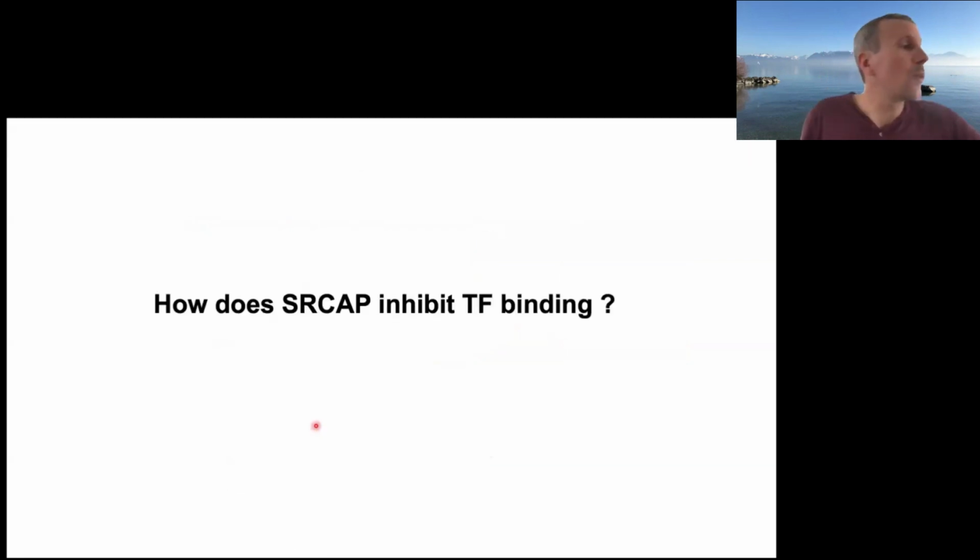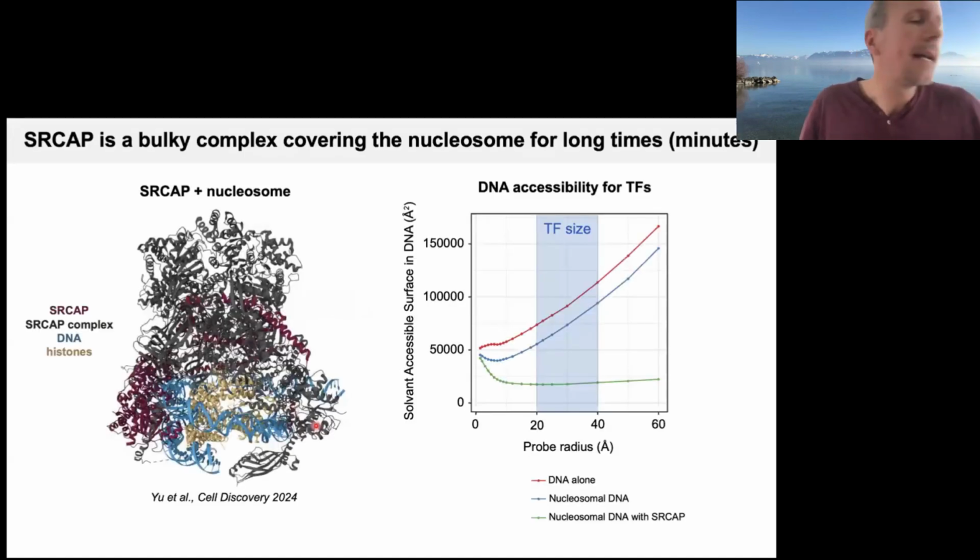Okay, so now the next question is, how does SRCAP regulate transcription factor binding? As I mentioned before, when you remove SRCAP, you have mostly upregulated binding of transcription factors, which means that SRCAP is mainly inhibiting transcription factor binding. To try to answer this question, we looked at the crystal structure of SRCAP together with the nucleosome.